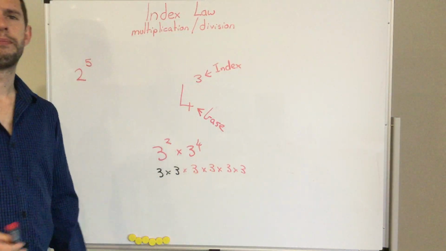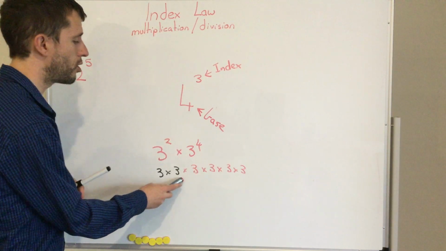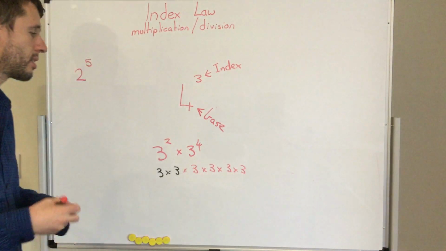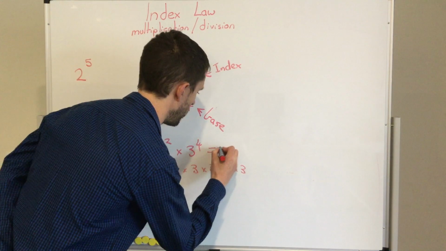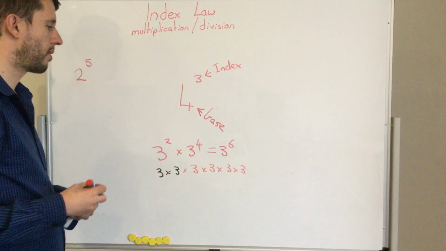These are all the same. How many 3's do I have in total? 1, 2, 3, 4, 5, 6. So I can go 3 to the power of 6.